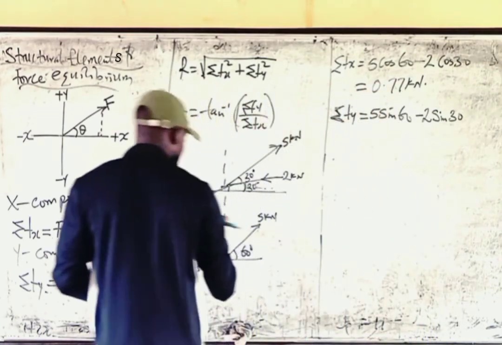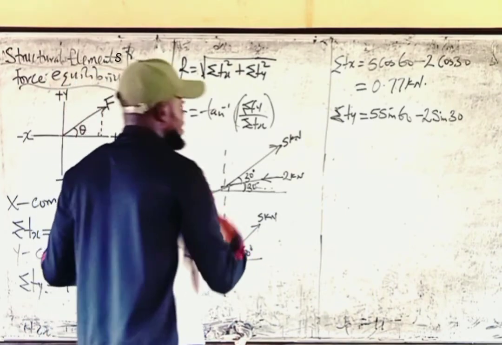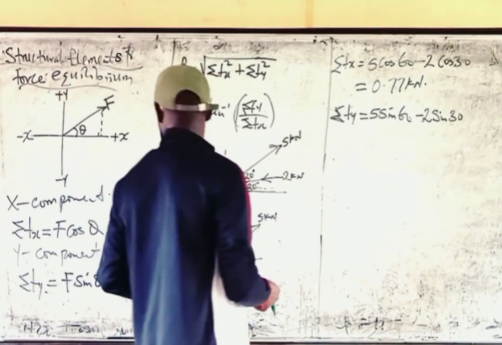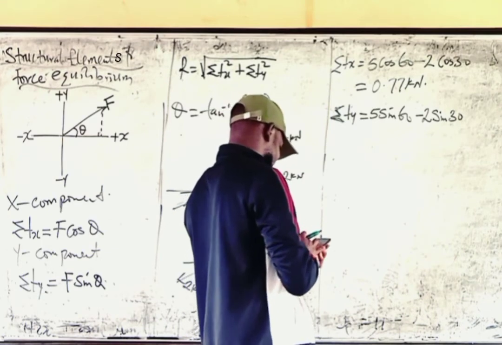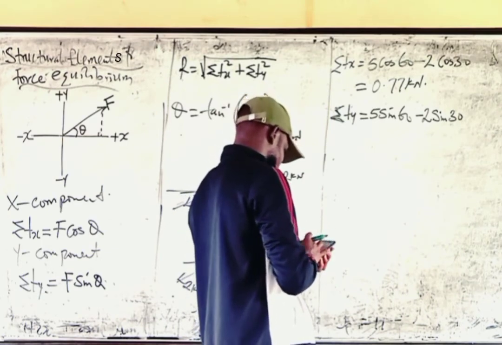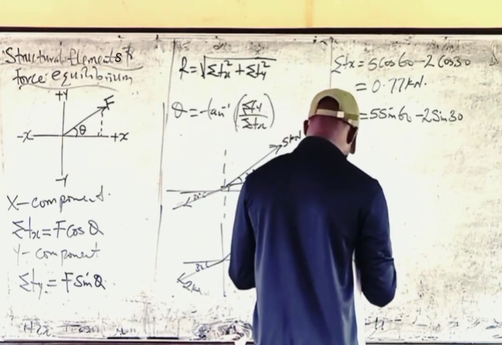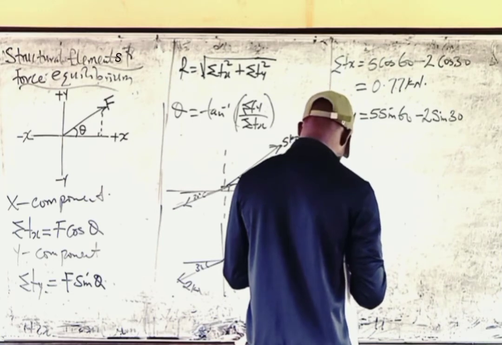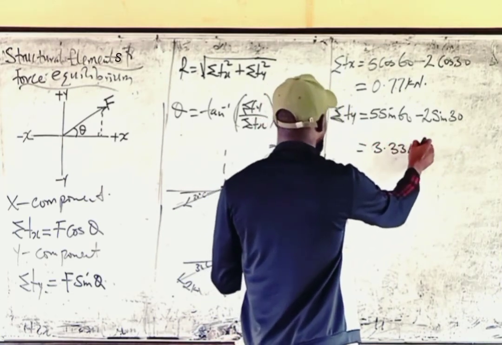Although some people do use quadrants to look at the direction, what I use is just check the cardinal points where x is positive, where x is negative, where y is positive, and where y is negative. So 5 sine 60 minus 2 sine 30. I'm having 3.33 kilonewtons.